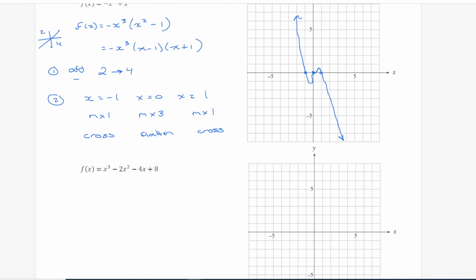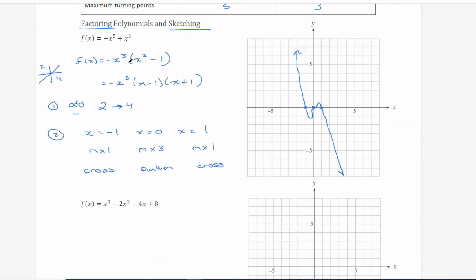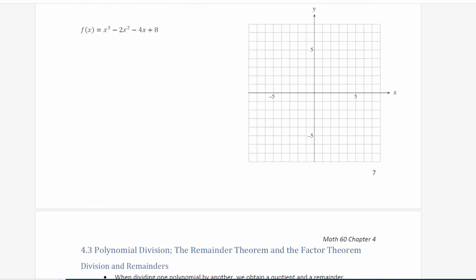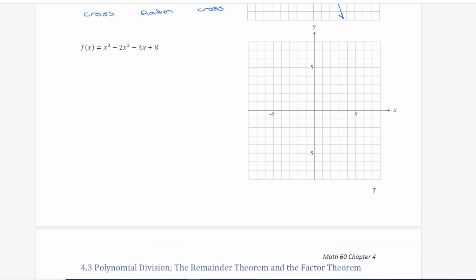So what about the next one? So this one we had a greatest common factor, and then we were left with a difference of squares. What about this one? So again, we always check for a greatest common factor, which this does not have. And then we notice that there's 1, 2, 3, 4 terms. So I'm going to assume that this factors by grouping. Out of this first group, we're going to take out an x squared.